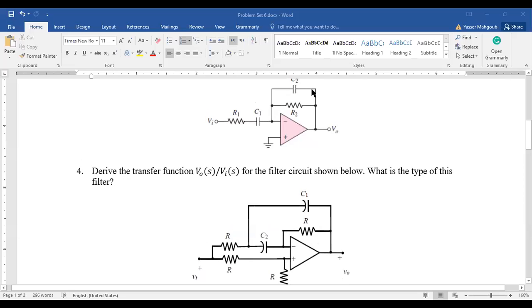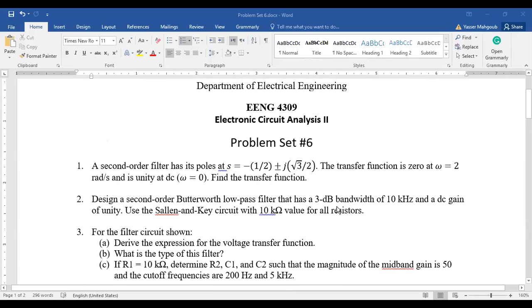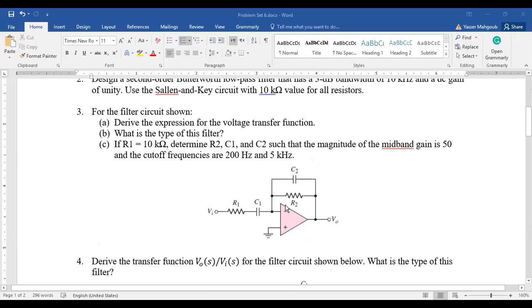We're talking about the previous question. Let me go back to the previous question. You mean this one, question 3 or question 2?